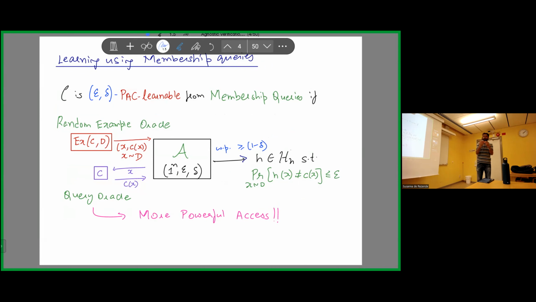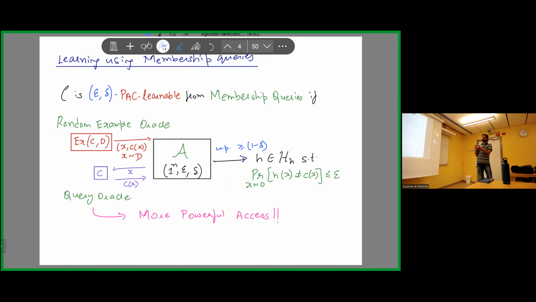This seems more powerful than random examples, even intuitively, because if you want to query some boundary point, the probability that you get it using random examples is quite low, but here you can actually probe certain things.